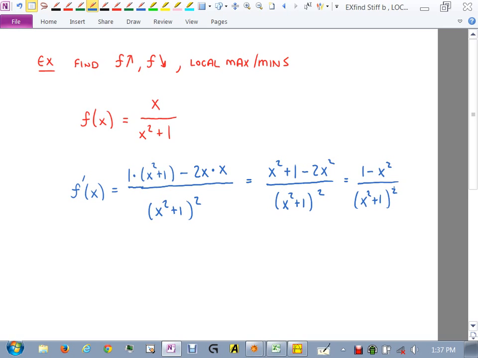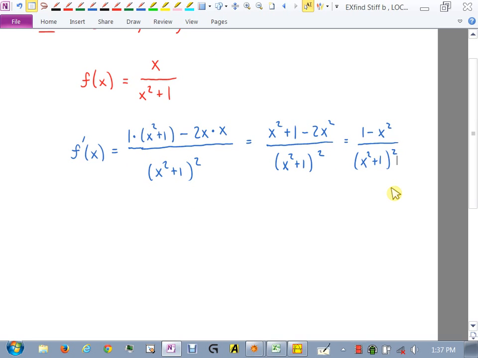All right, now, the critical numbers are critical, aren't they? I mean, in what we're going to do long term here. So how about we find the critical numbers? I know I need to set this equal to 0, right? But let's just write out what we're doing. Critical numbers, I'm going to set the derivative equal to 0. What do you have to worry about when you're setting this derivative equal to 0?